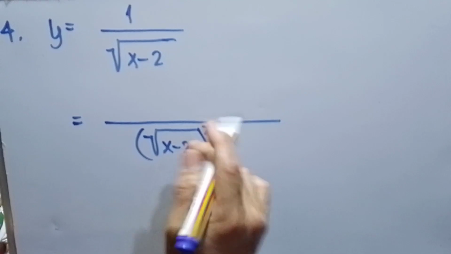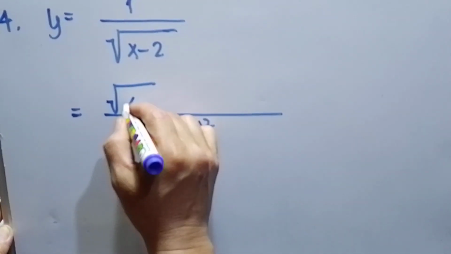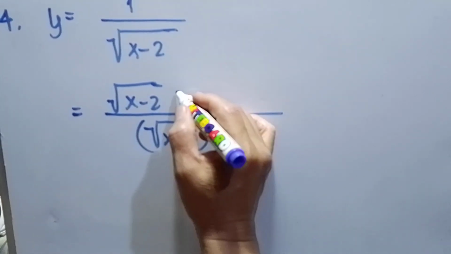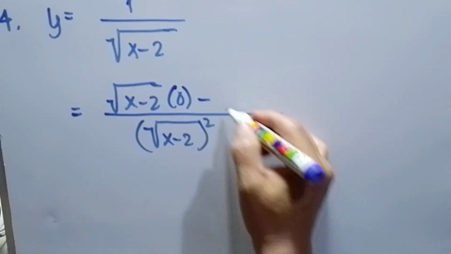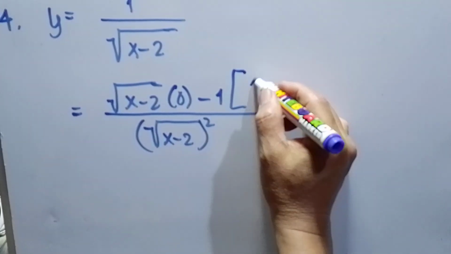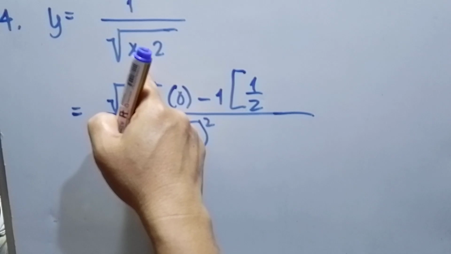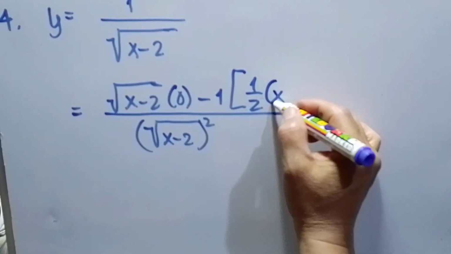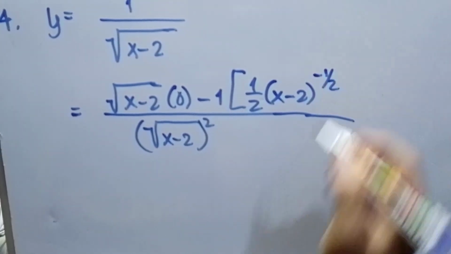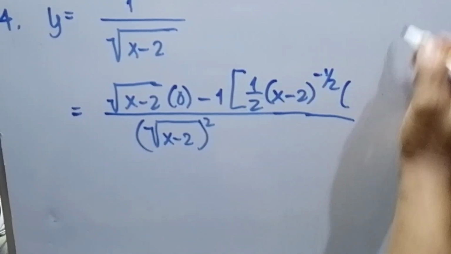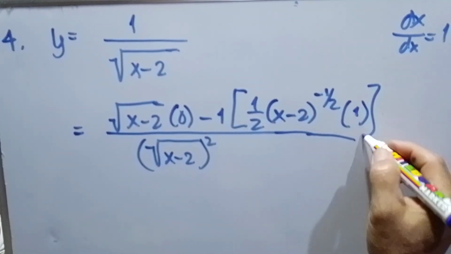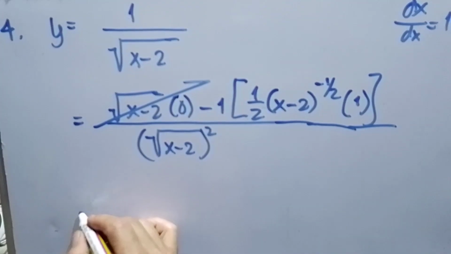And then copy the denominator, square root of x minus 2, then the derivative of the numerator, which is 0. Then minus. Copy the numerator, differentiate the denominator. So this will be half, because this is a square root. And then I have here x minus 2 raised to minus 1 over 2. Then the derivative inside, dx over dx is equal to 1. So this will be 1. So this will be 0.